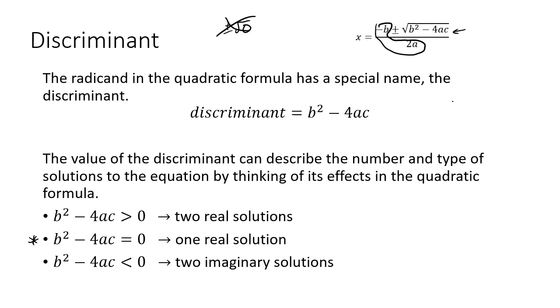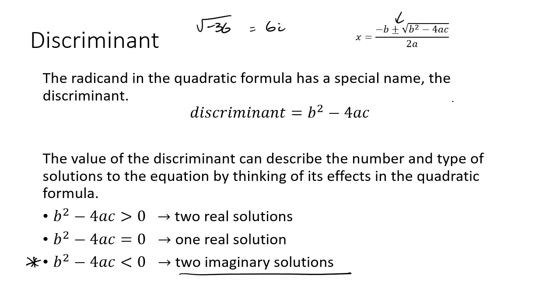And then the last situation is like part C of the example we just worked. If the discriminant b squared minus 4ac is negative, then because the square root of a negative number is imaginary, and because the plus or minus sign is still there, you end up with 2 imaginary solutions. Or perhaps it's more accurate to say you end up with 2 complex solutions with a non-zero imaginary part.